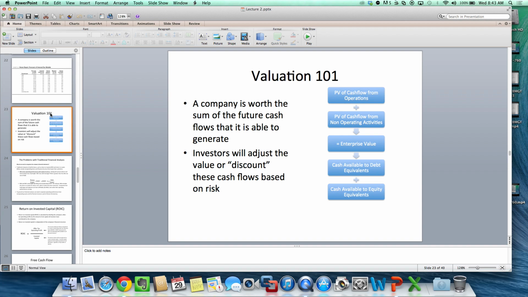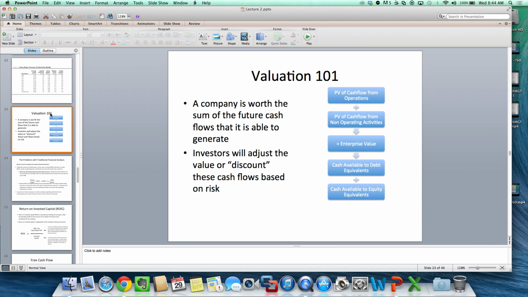But companies also have some other assets which can provide them value. And we will call these non-operating cash flows. Right? So they have nothing to do with the sales to the customer. They just happen to be cash flows, or things that the company owns. So two common forms of non-operating cash flows.